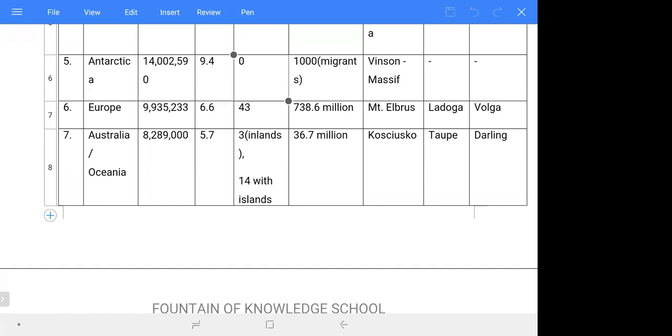Then you can see the Darling is the longest river in Australia. Taupe is the lake, and Cusco is the highest mountain.